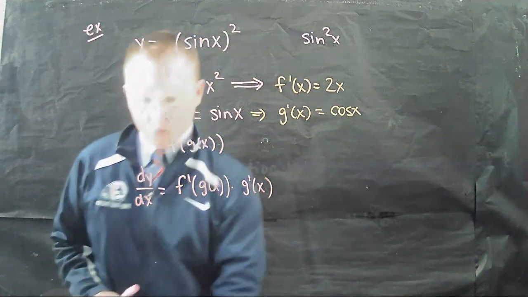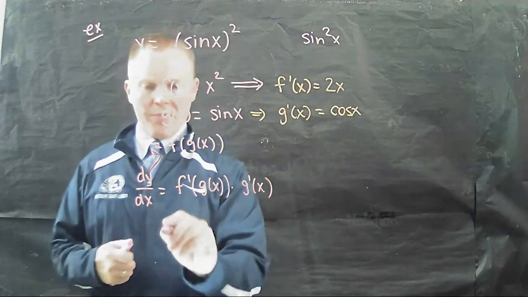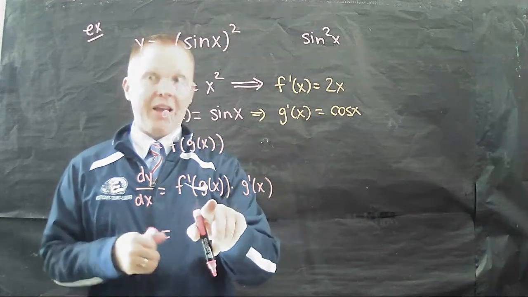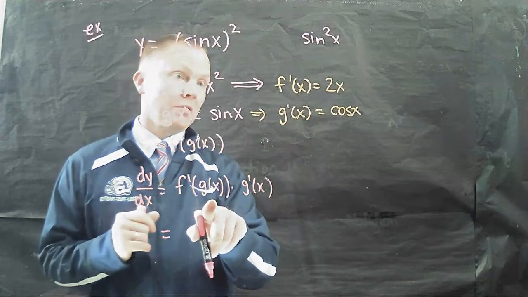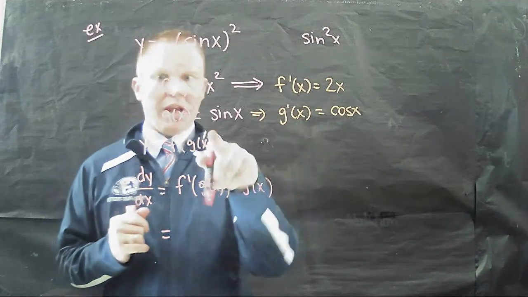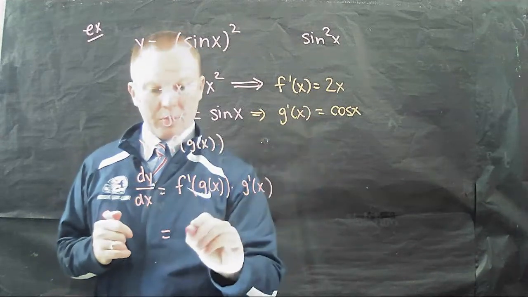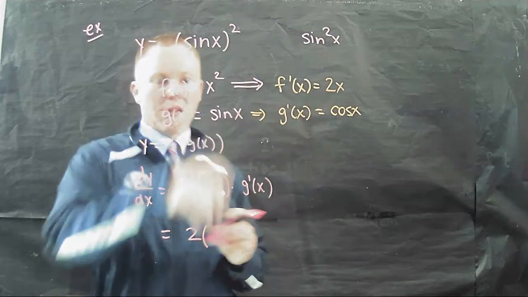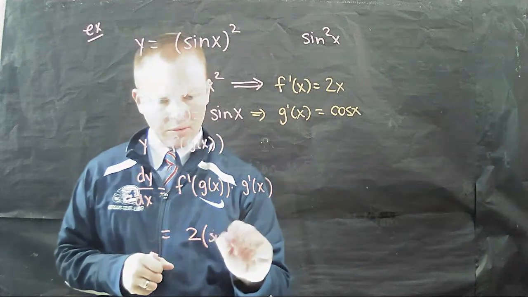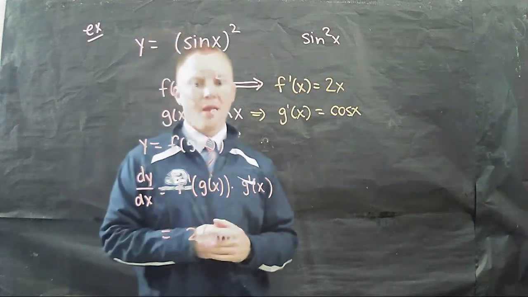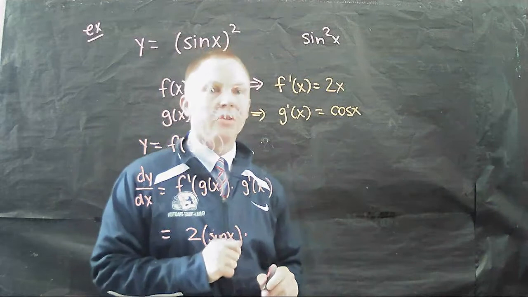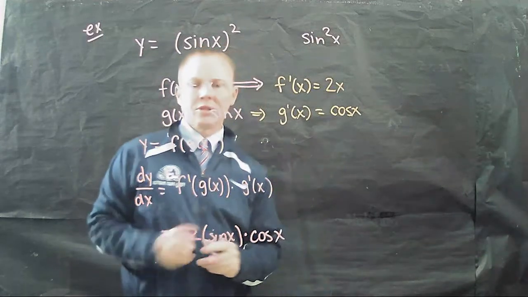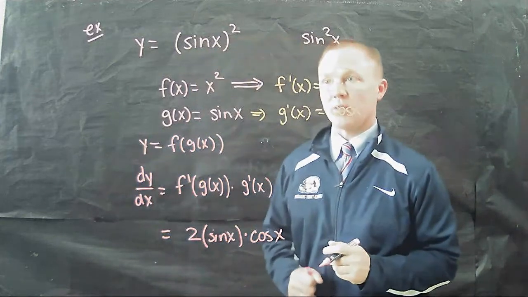So now, if I use this rule, it says take f prime of g of x, which means take g and f prime it. So that's going to be 2 times sine of x, right? And now we're going to multiply that by g prime, which is cosine of x. So there's our answer, 2 sine of x times cosine of x.